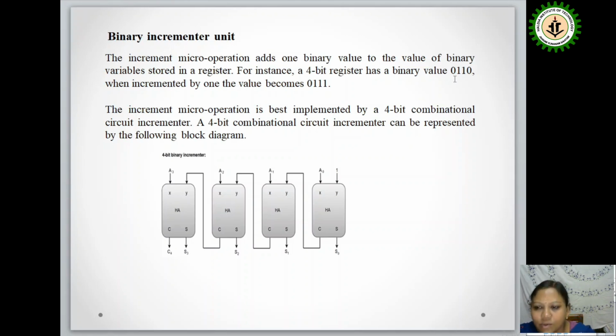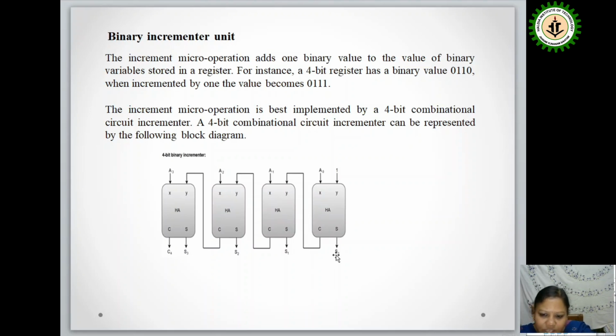So 0, 1, 1, 0: A0 is 0, A1 is 1, A2 is 1 and A3 is also 1. It is added with 1, so a logical 1 is passed as the second input to the half adder. After addition, one sum S0 is generated and the carry is propagated to the next half adder, where it is treated as the second input to the second half adder.